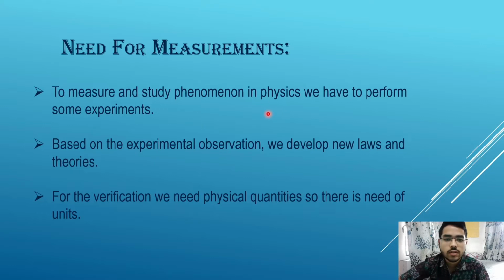We are going to see it in the next slides. So these are needed to calculate some experiments and observations, and on this basis we develop some new laws and theories. So turning to the next slide now.